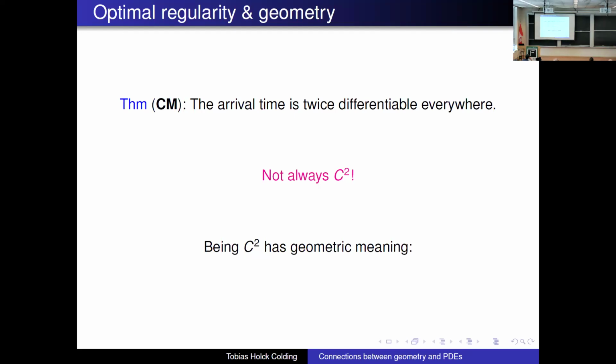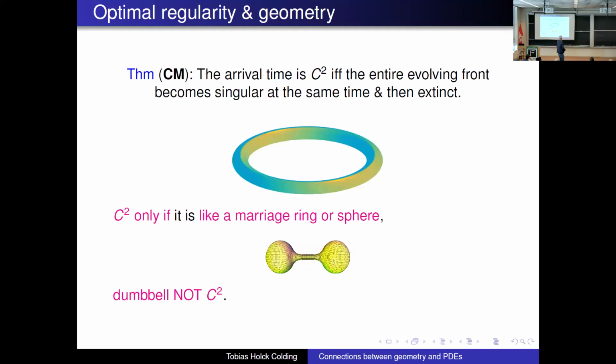And in fact, continuity of the second derivative may seem like a somewhat esoteric analytic fact, but it is actually a strong geometric statement. So the second theorem here is that the arrival time is C2 if and only if the entire front becomes singular at a single time, and then becomes extinct.